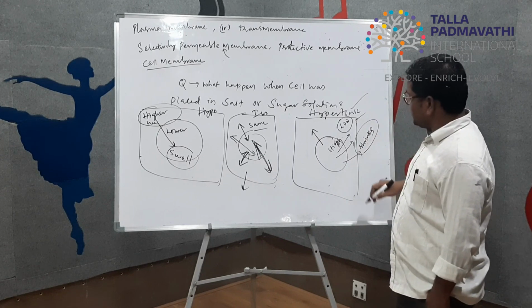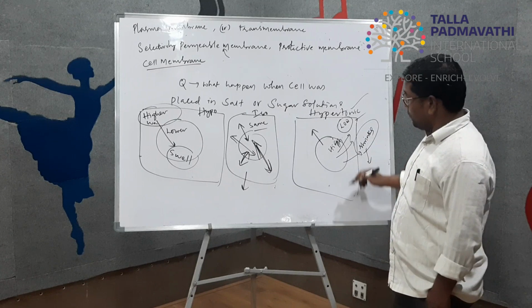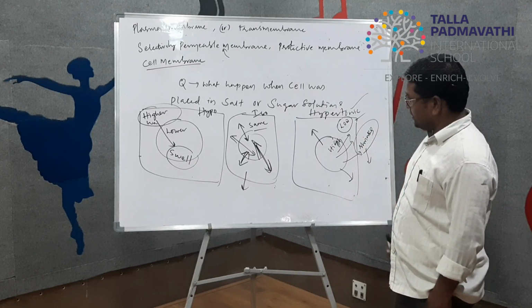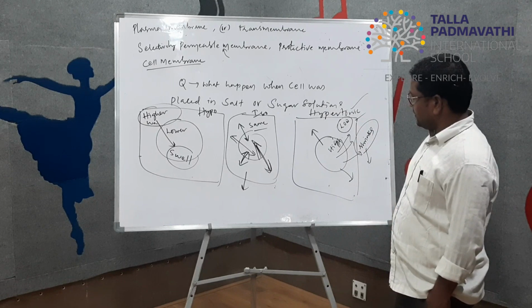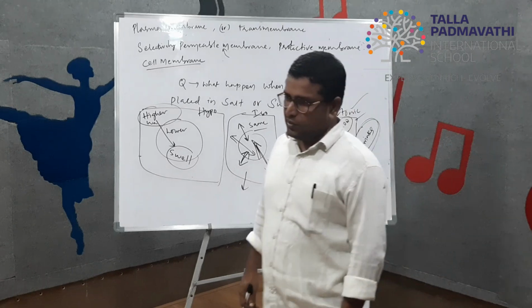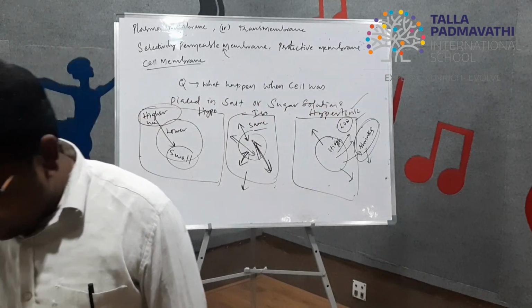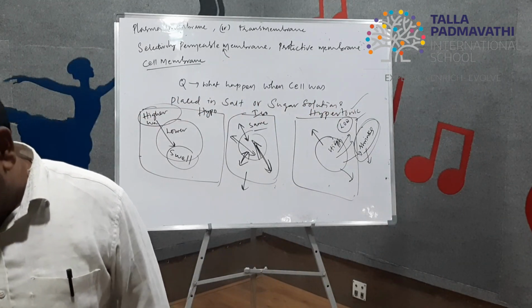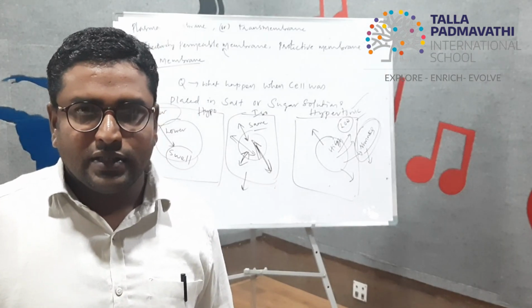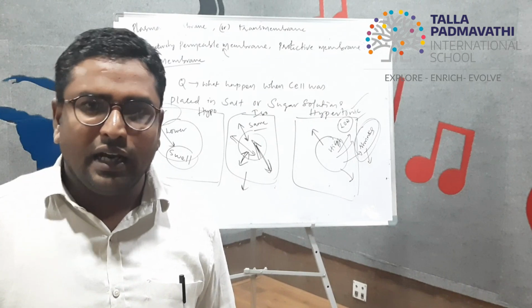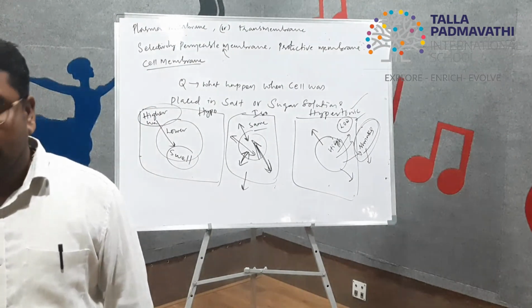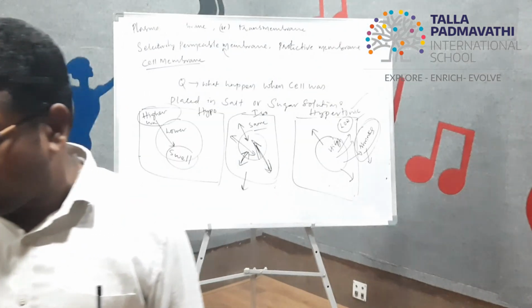The cell shrinks and dies when more osmosis takes place as the salt concentration increases. So these are the things you need to remember. Water crosses the cell membrane based on concentrations, enters and leaves the cells, and maintains normality.